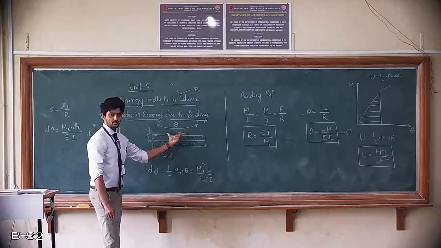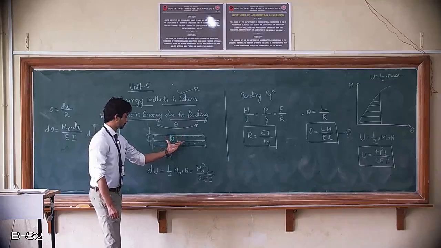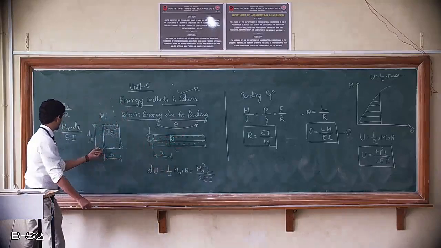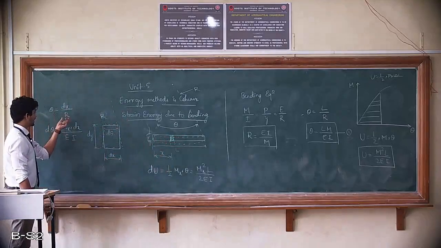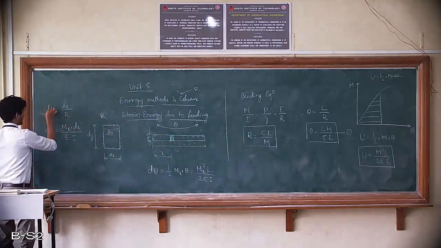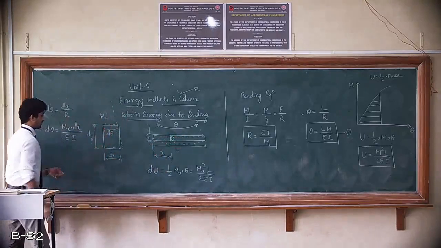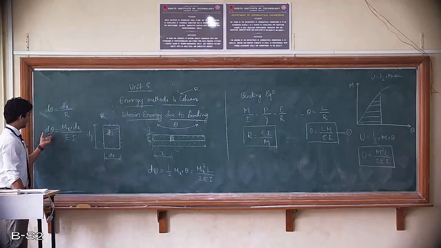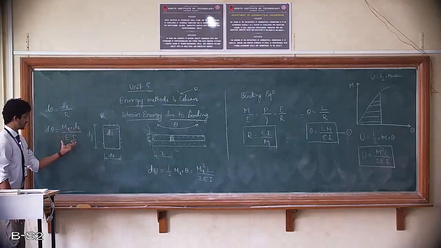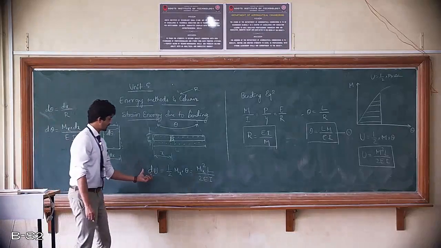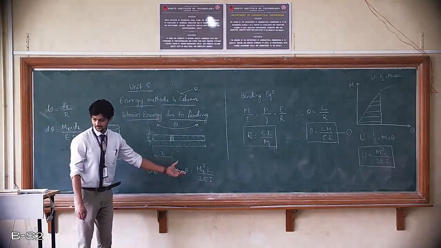For that element the theta will be dx by R, which is d theta, and d theta is going to be mx dx divided by EI. Similarly, the strain energy for that element is going to be like this, and we then integrate for the total length of the beam.